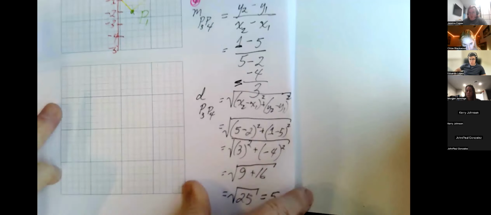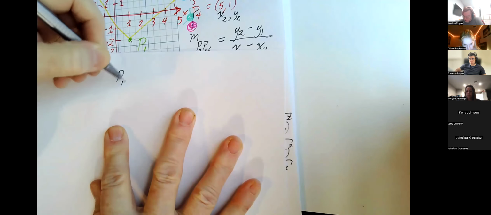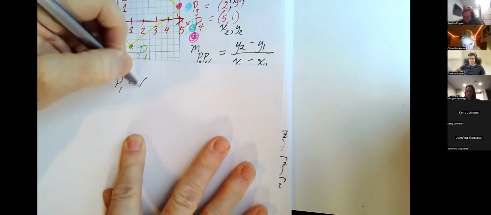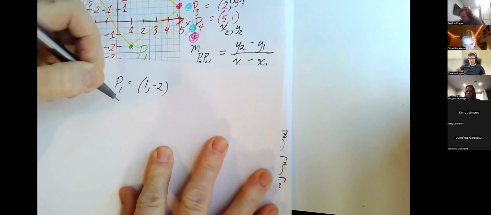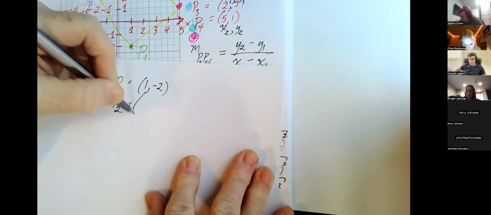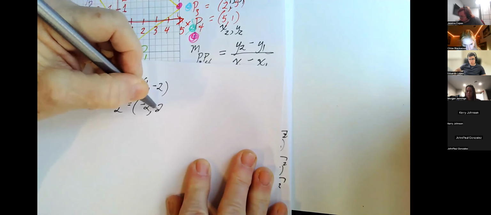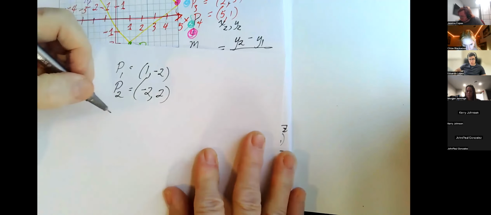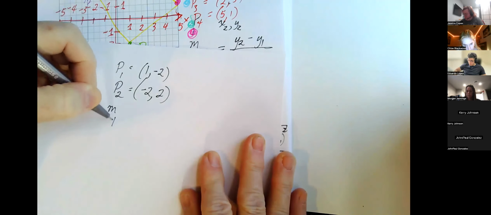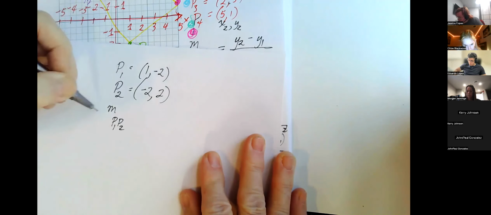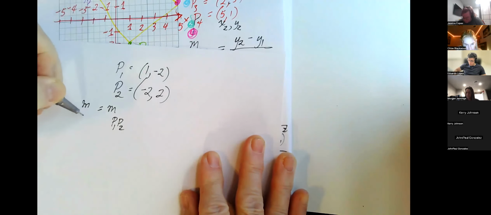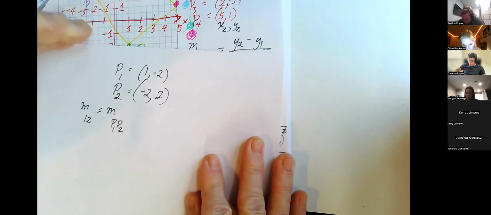So let's just get this extra piece of paper. So we have that P1 is 1 comma negative 2, and that P2 is negative 2 comma 2. So the slope between P1 and P2.